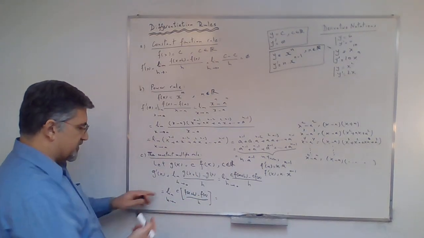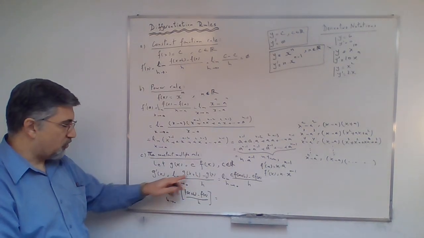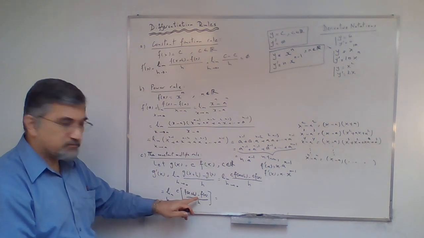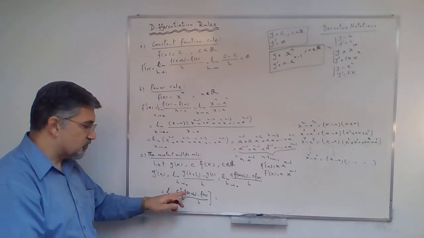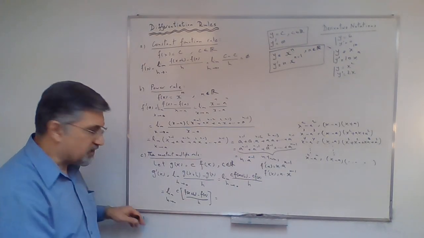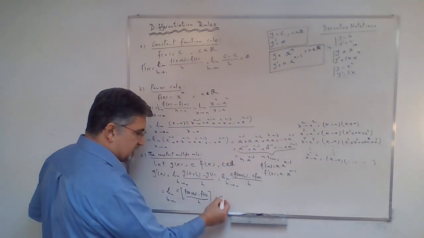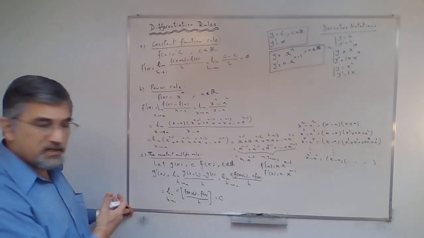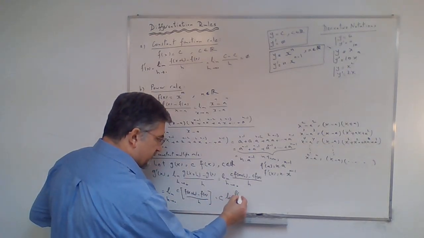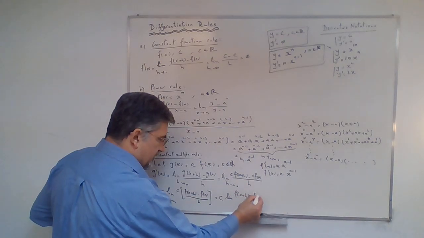Now, this is the limit of a constant times a function. The limit of a constant times a function is equal to that constant outside the limit times the limit of the function itself. So I can put this constant c outside of the limit, and then multiply it by the limit of that quotient function.